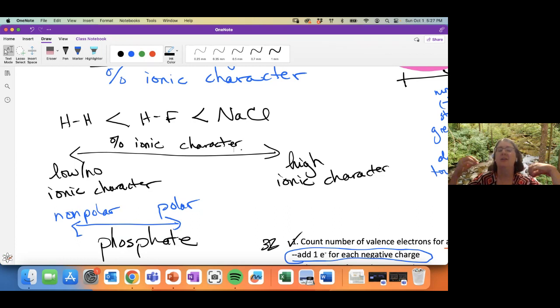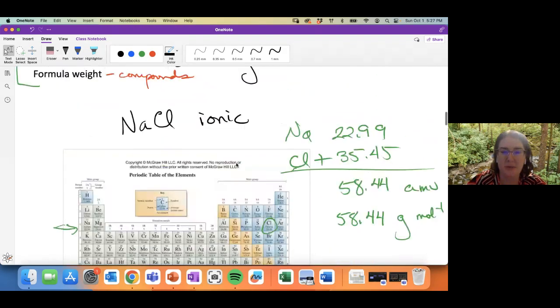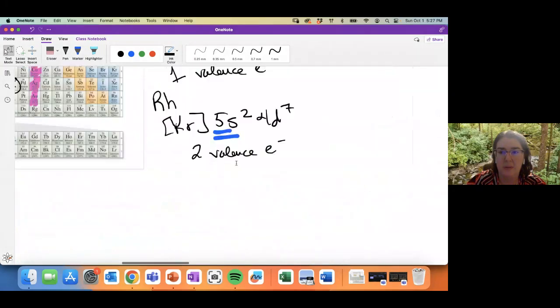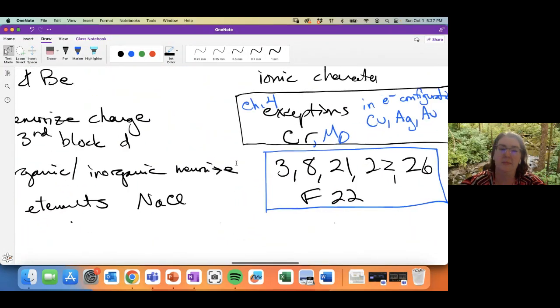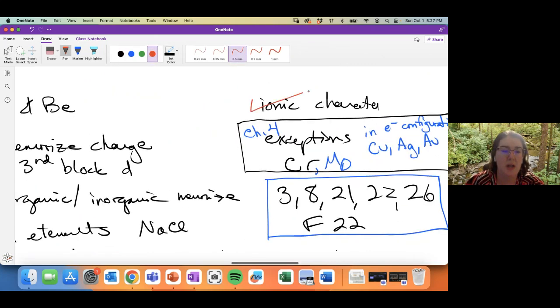So essentially, this polar to nonpolar is more like the city or county, and percent ionic character is like the state. It just gives you a bigger range of things to consider. Hopefully that helps. Uh-oh. Oh, yes, I didn't lose it. Okay, percent ionic character. Yay.